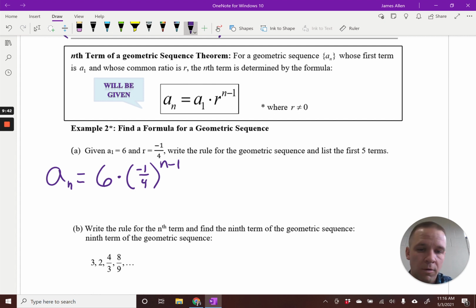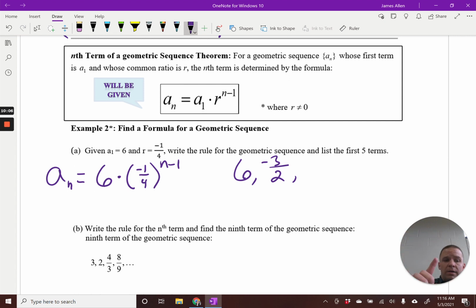Okay, cool. Now the first 5 terms, if I plug 1 in, obviously that's going to be 6 because that is my first term. If I plug 2 in, now that's -1/4 to the first power, which is -1/4, times 6. So it's negative 6/4, negative 3 over 2. Whew. That was scary. Fractions.